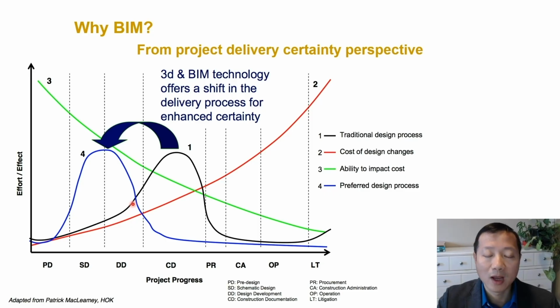The certainty is low. On the other hand, with the adoption of BIM, we are shifting this curve to the front. This allows us to be more certain about the project at an earlier stage.